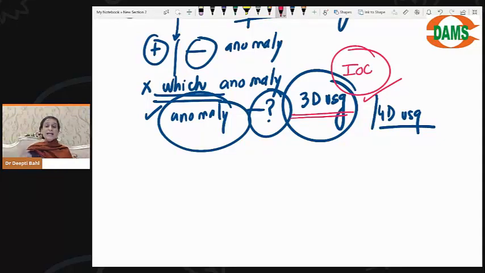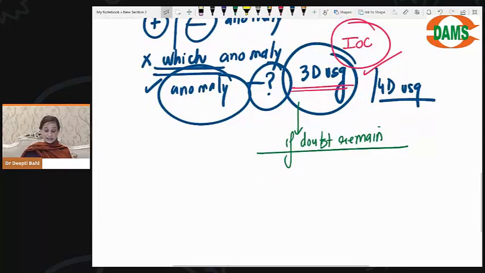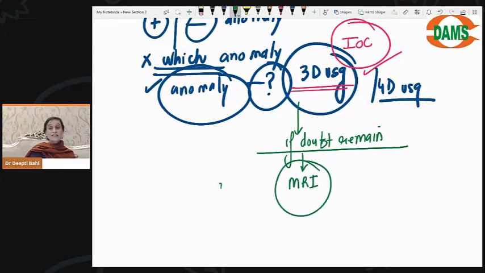In case the doubt remains, usually it will not remain, but in case you still have a doubt, okay, the 3D ultrasound was not able to give you the answer, then if the doubt remains, I will go for the next investigation, which is MRI.